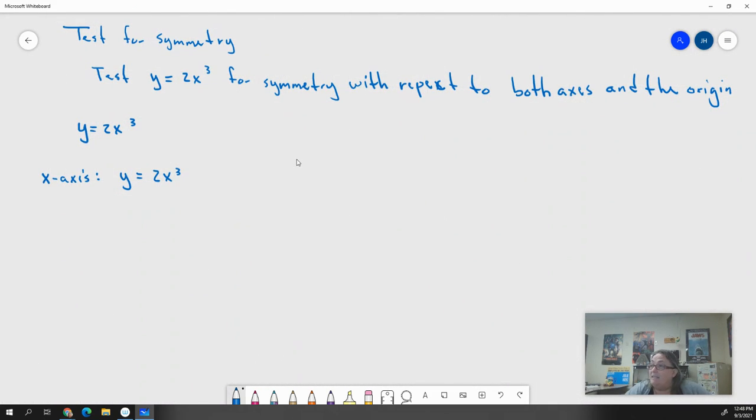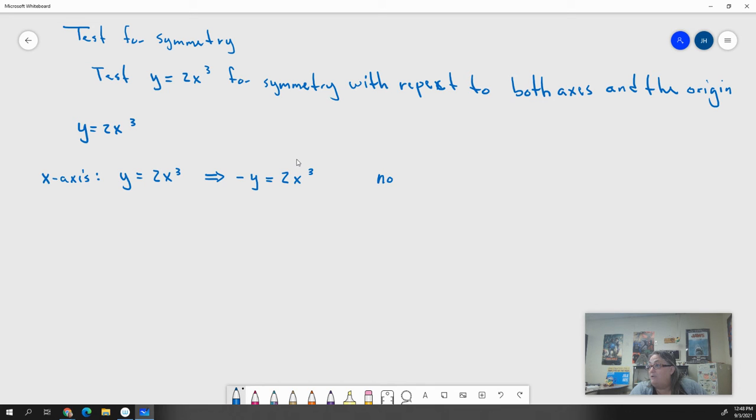So we're saying that this would have to be the same as this. And in this case, it's not, right? y equals 2x cubed is not the same as negative y equals 2x cubed, right? So we're going to say that there is no symmetry about the x-axis.